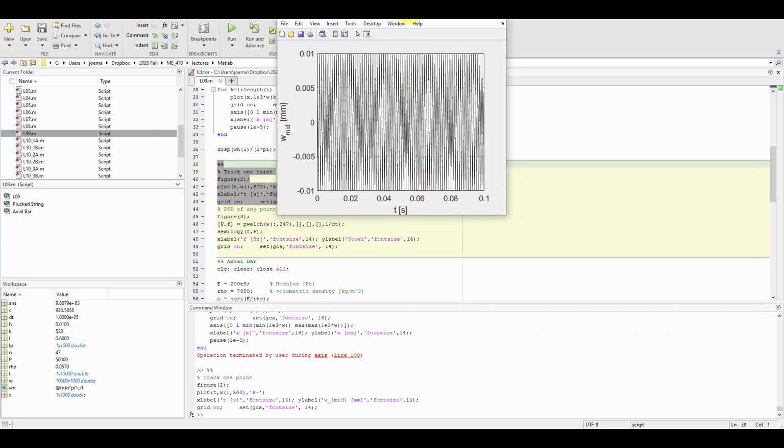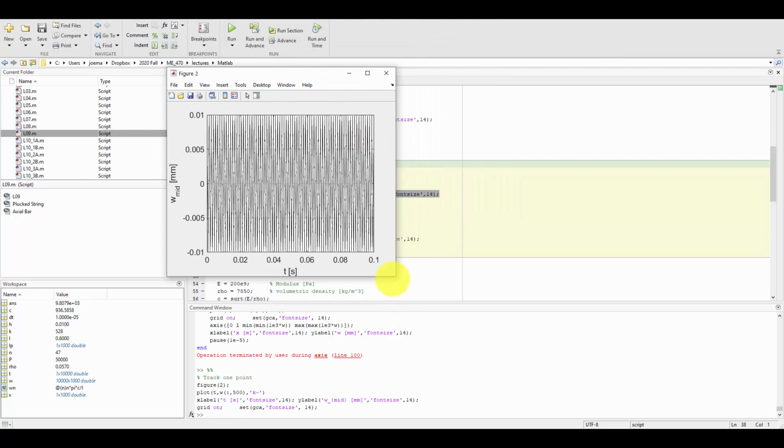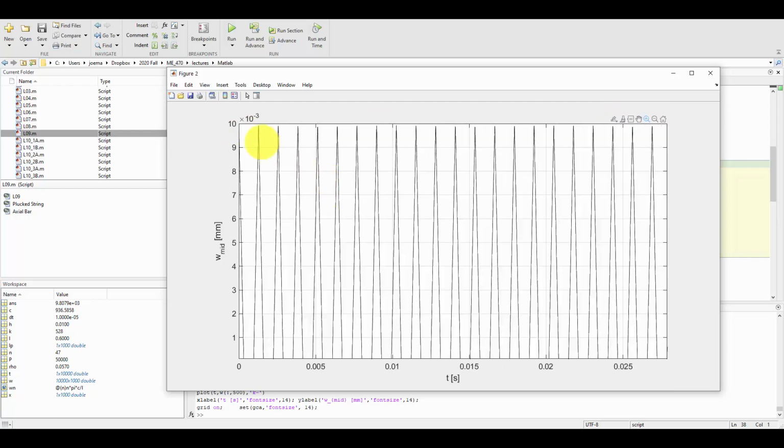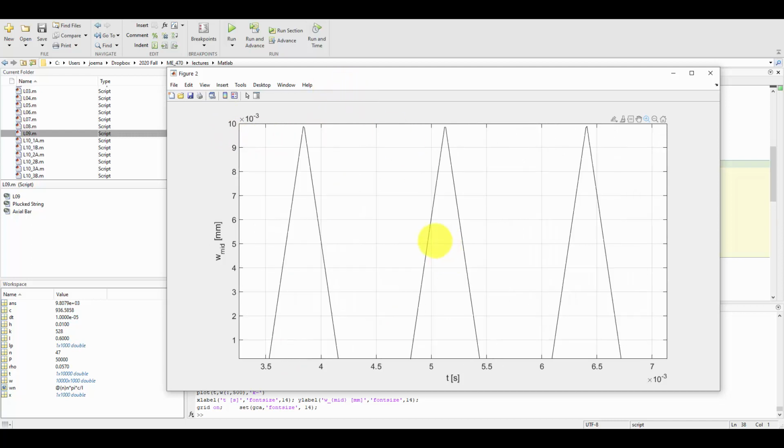That's not too interesting to look at, but I can see over that 0.1 seconds what it is doing. So at the midspan, I'm just going to look in time at what's happening. And let's just zoom in to something more interesting. All right, so it has what looks to be basically this triangular wave happening as we go forward in time.